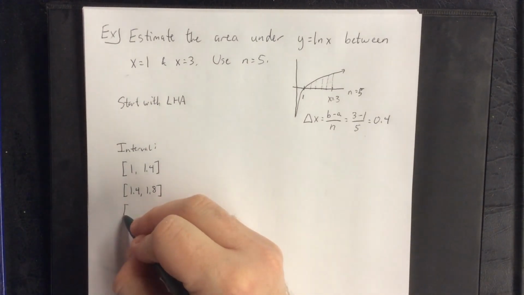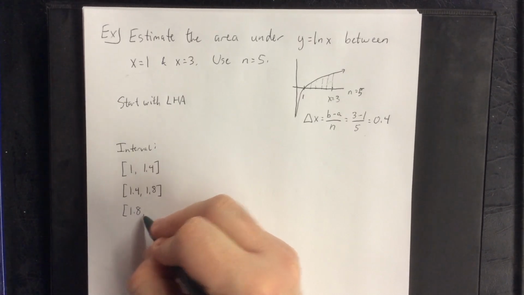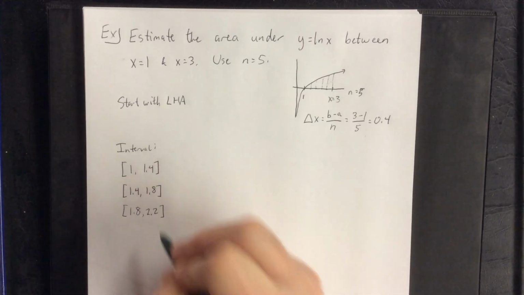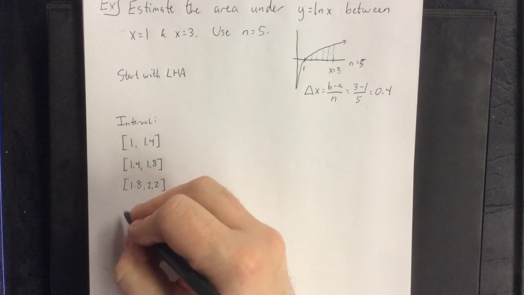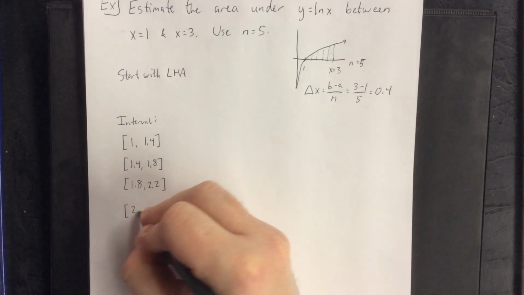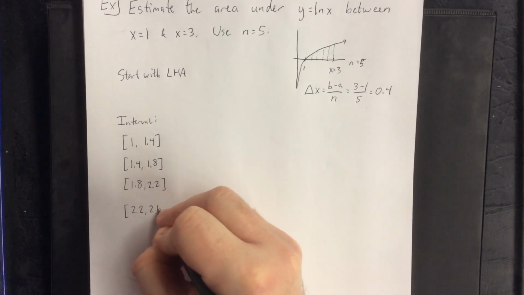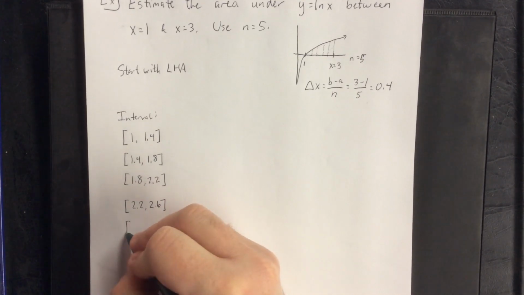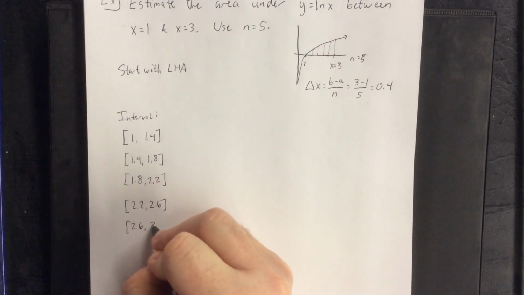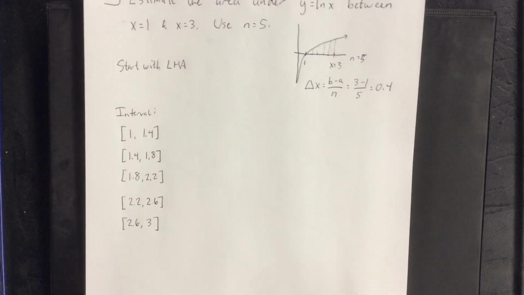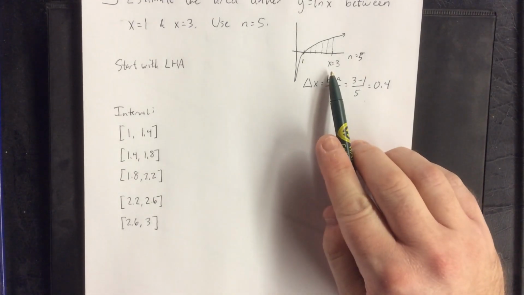Then from 1.8 to 2.2. Then 2.2 to 2.6. And finally 2.6 to 0.4 greater than that, and that'll be 3, giving us our right endpoint for the interval.